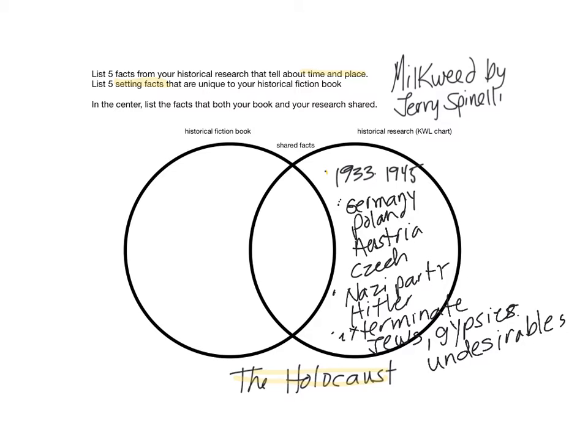So the next thing I need to think about was, from the research that I just jotted on my historical research side of this Venn diagram, what part of those is factually described in Milkweed by Jerry Spinelli? In Milkweed, the story takes place in 1939. Looking at this fact, I know that's historically accurate because that falls within that time period of 1933 to 1945. It takes place in Warsaw, Poland, in the Jewish ghetto.